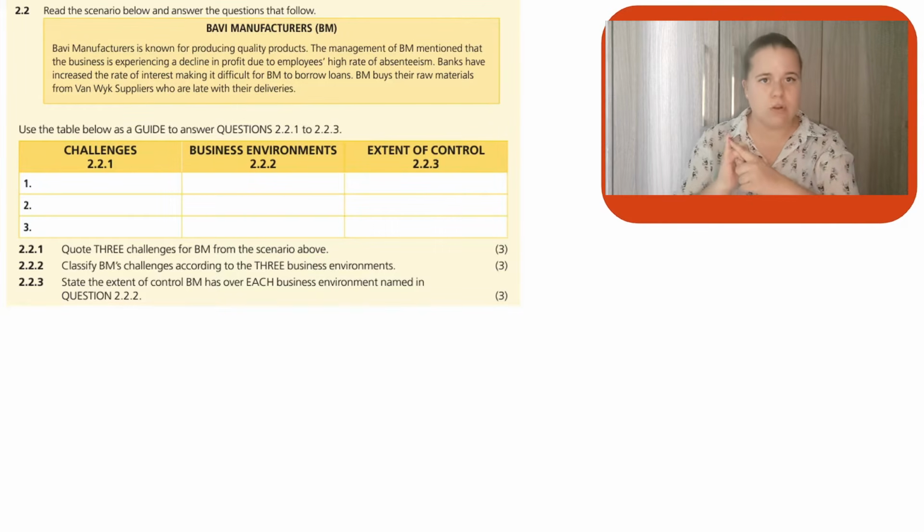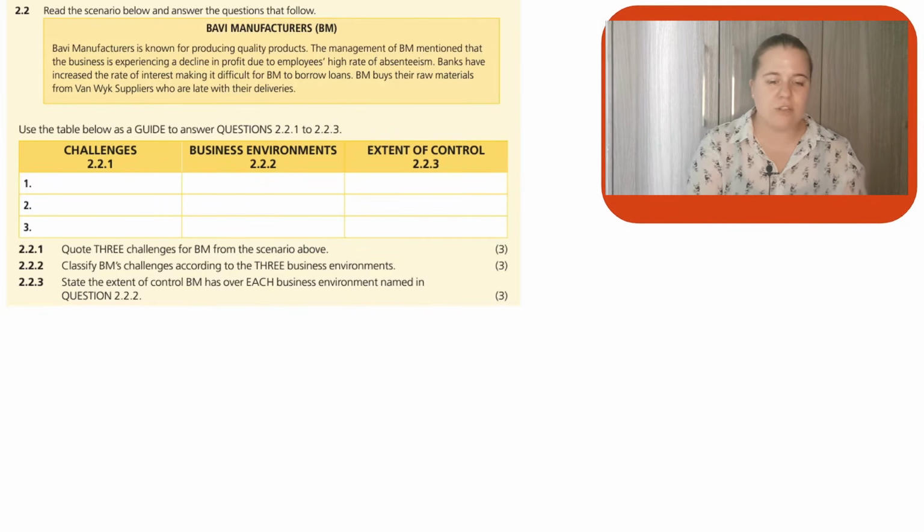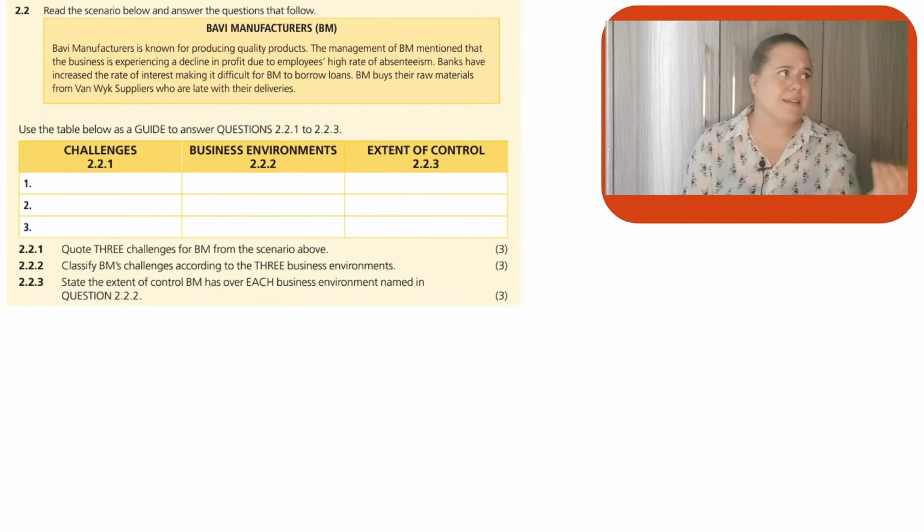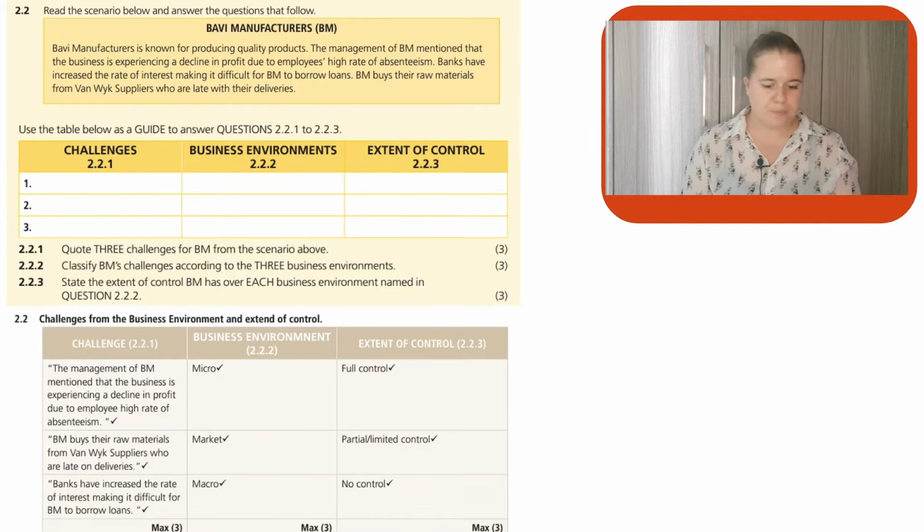So if you mention micro, how much control does it have? All right, so those ones that I highlighted to you, remember here we're looking for the challenges. It states the challenges. So already there we could see some of those jumping out at us. So do that when you see a case study. Underline, highlight, put a circle around it, whatever you need to do to make it stand out for you.